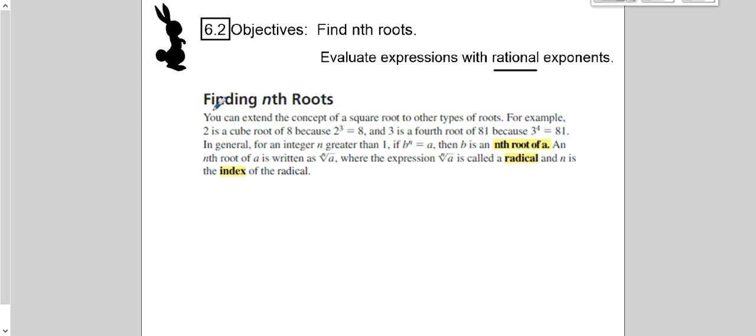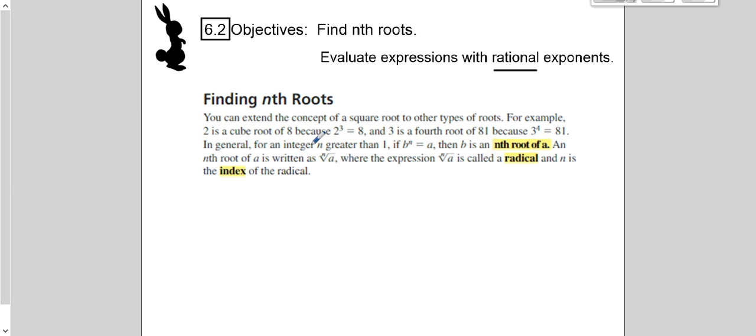Finding nth roots. You can extend the concept of a square root to other types of roots. For example, 2 is a cube root of 8 because 2 cubed equals 8, and 3 is the fourth root of 81 because 3 to the fourth is 81.